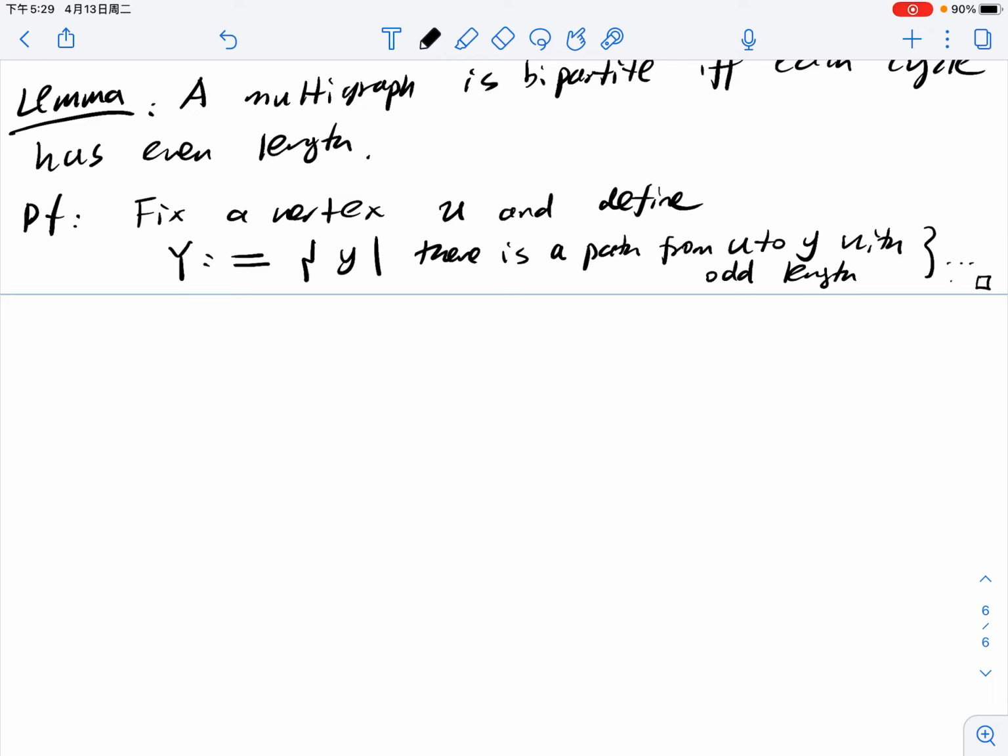Otherwise, you may have a path from U to Y with odd length, and another path from U to Y with even path, so even length. Then it's not well defined. But in our assumption, whenever you have a path from U to Y with odd length, all the paths from U to Y have odd length.